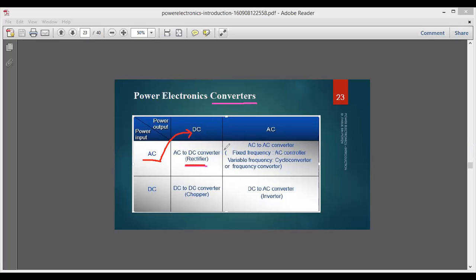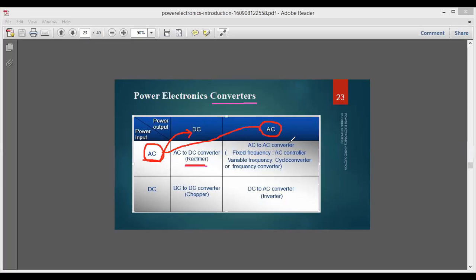It is also possible that you feed AC current to the electronic device and you want the output to also be AC. The input is alternating current and the output is also alternating current, that is an AC to AC converter.